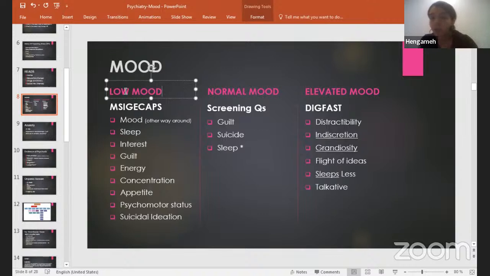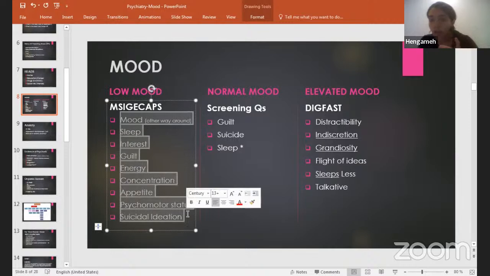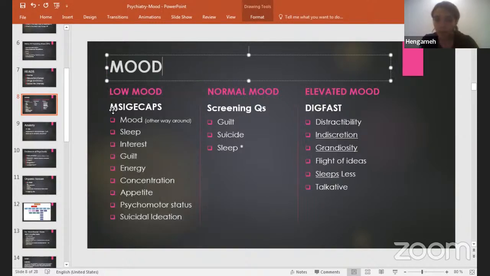If there's 5 or more of these present, if there's low mood or anhedonia, and 4 or more of these present, it's already an MDD. No need to ask all of them. Okay, so the whole purpose of this is to figure out whether this is an MDD or not.